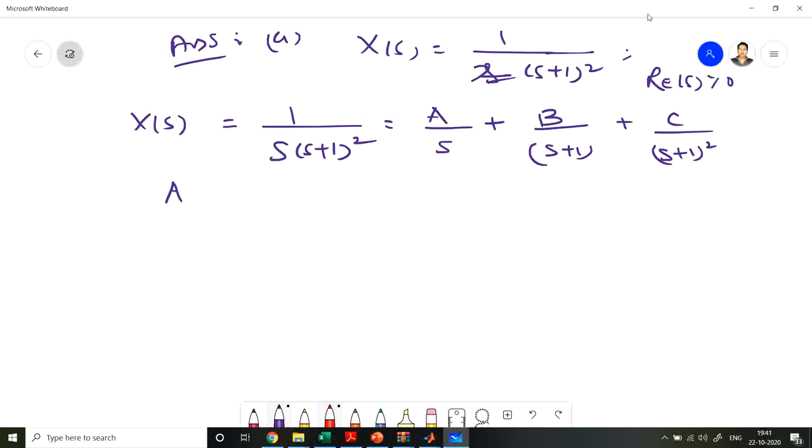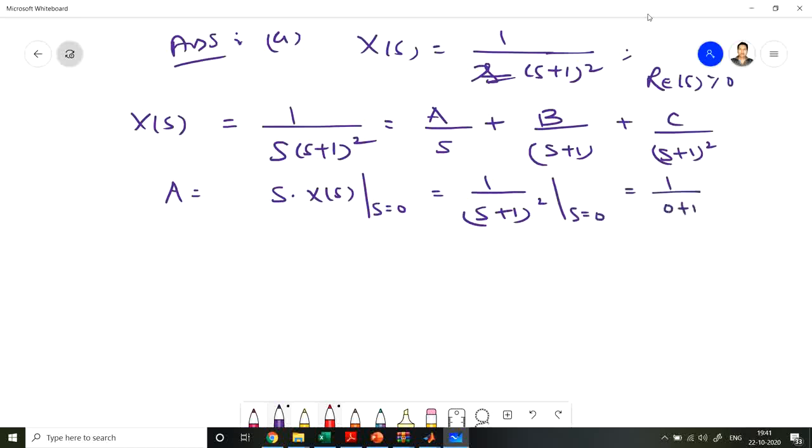Now what is A? A is s multiplied by X(s) at s equals 0, and what we are getting is 1 divided by (s plus 1) whole square at s equals 0, which equals 1 divided by (0 plus 1) whole square, that is 1.